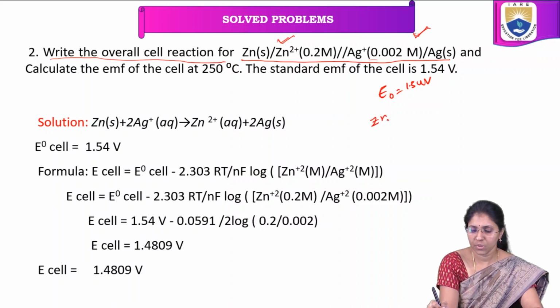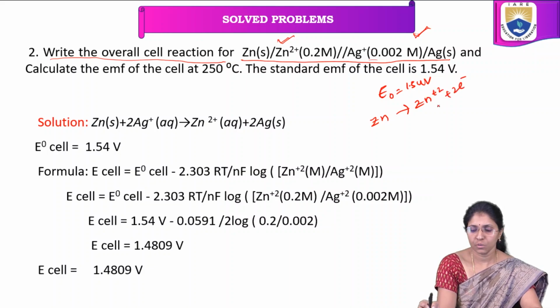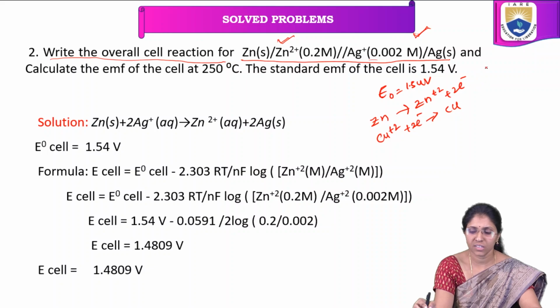At the anode, zinc undergoes oxidation and forms Zn2+ ions and 2 electrons. Copper 2+ accepts 2 electrons and forms copper metal. These two are half cell reactions.